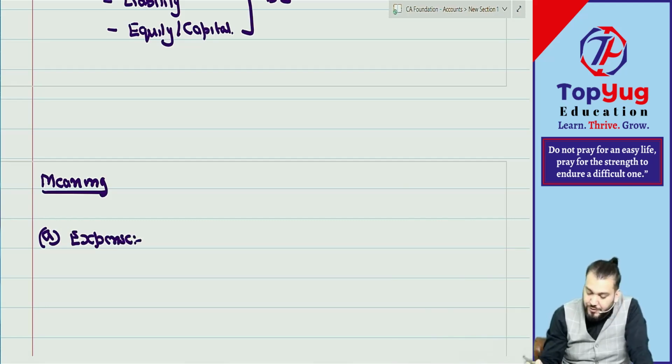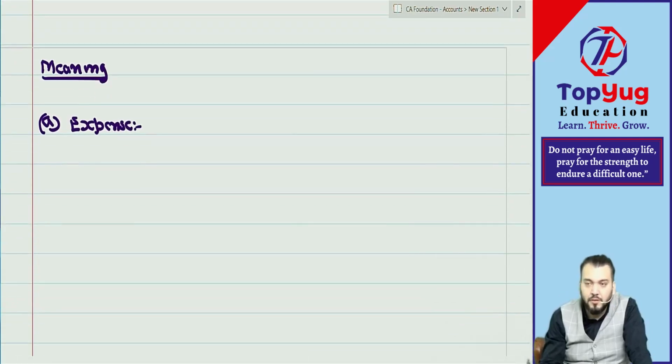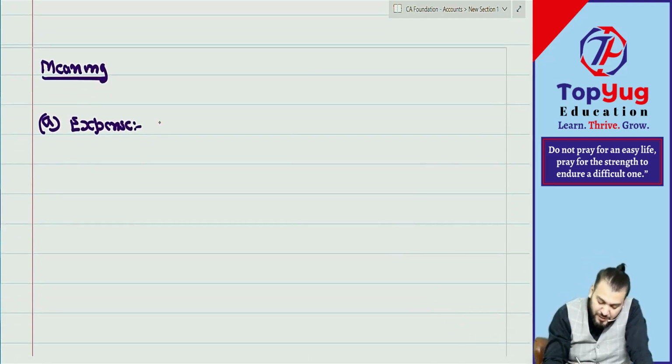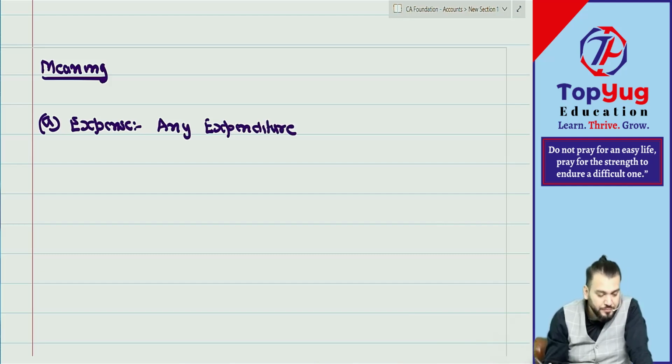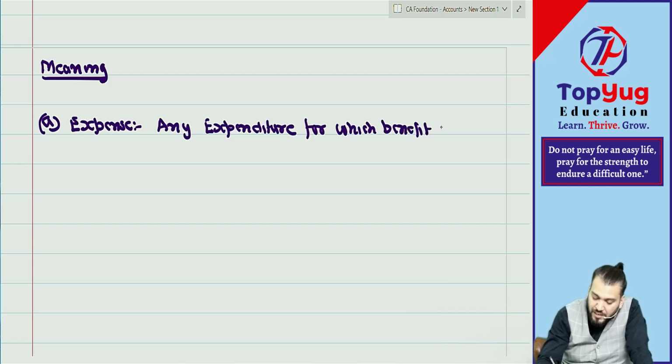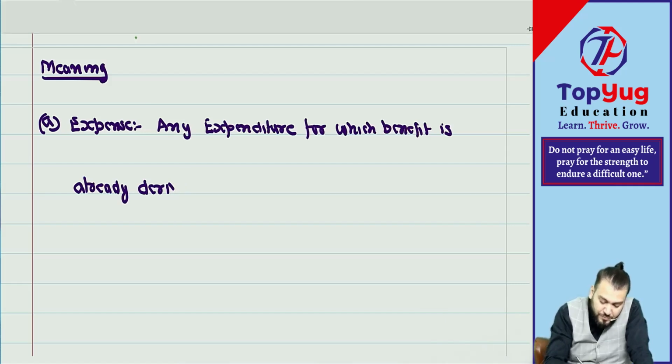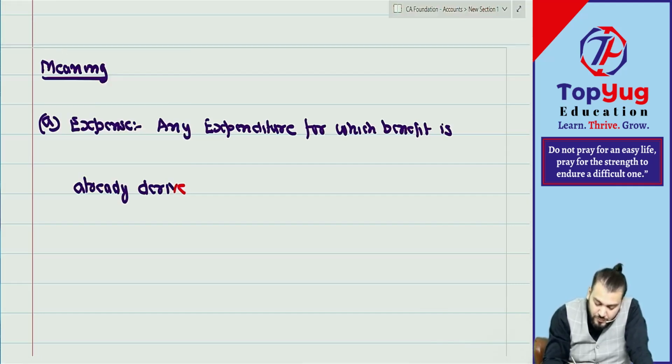First let us understand what is the meaning of expense. Correct. Understood. Write down: expense means any expenditure for which benefit is already derived.